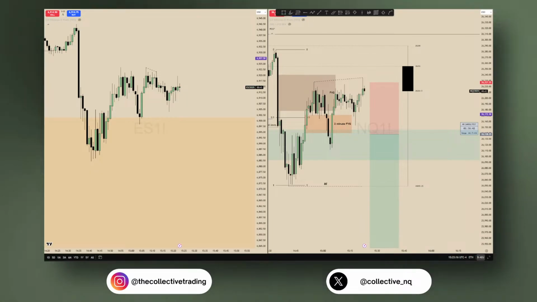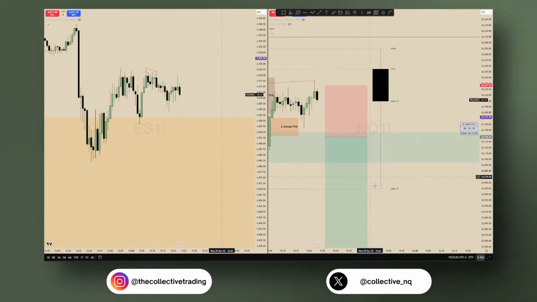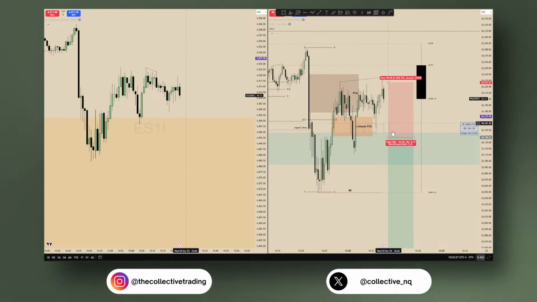But since it's been so slow to deliver lower, I don't think I'll be taking anything to the short side here, unless it gets this inverse really quick.